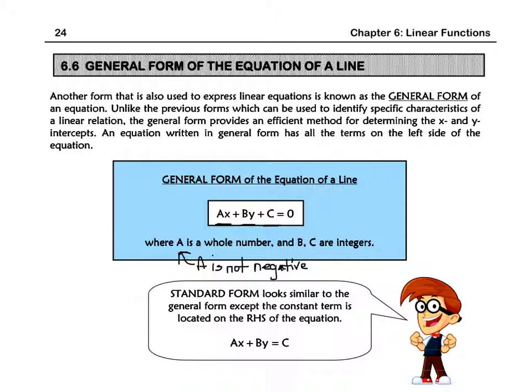But basically, if we go back just for a moment to general form, just a couple of things you have to remember. For general form, there's no fractions. So think no fractions, there's no brackets, as there were in slope-point form. And the x term is always positive.